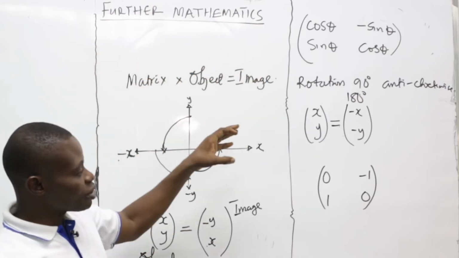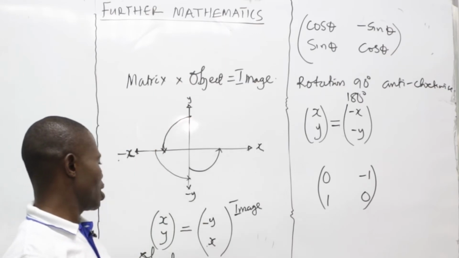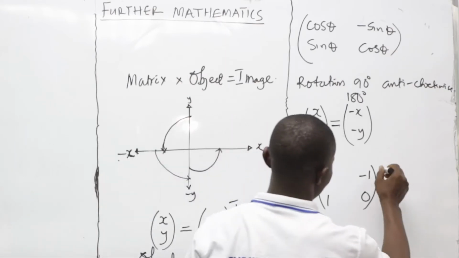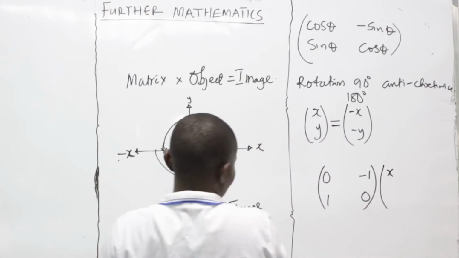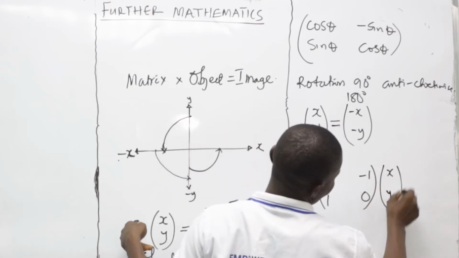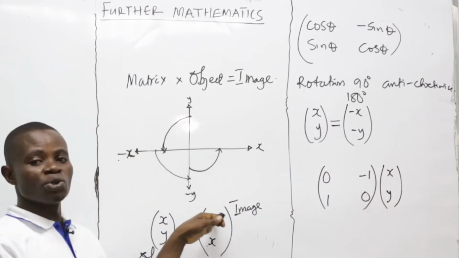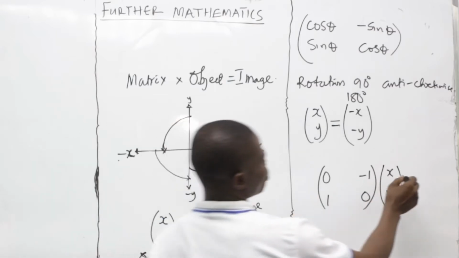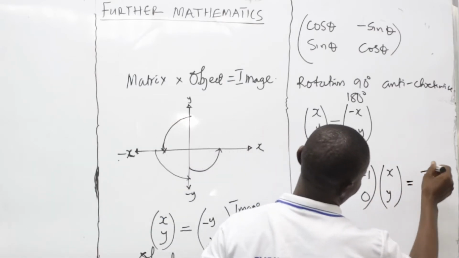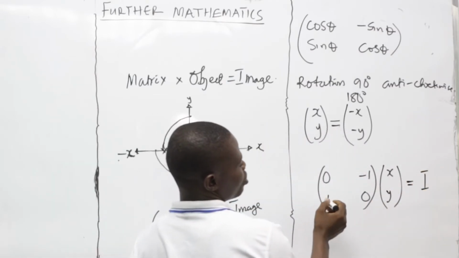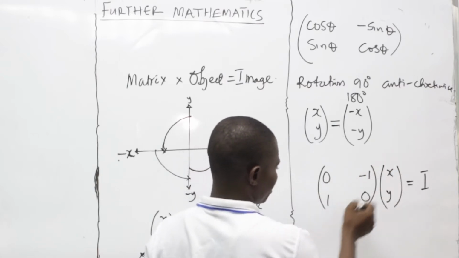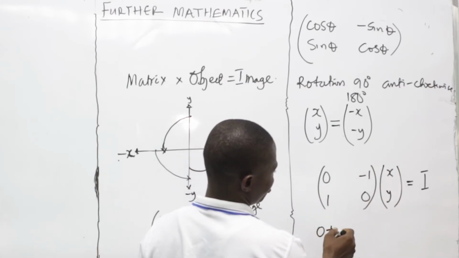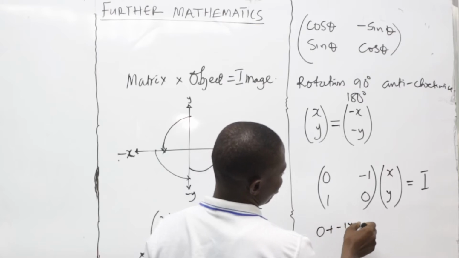Image. So the matrix of the transformation is going to result, by virtue of the multiplication, this is a matrix, while this is the object, like I called it before. Let's see if it's going to produce this image. Image equals who? By virtue of multiplication of the matrix, 0 times x is 0 plus minus 1 times y.